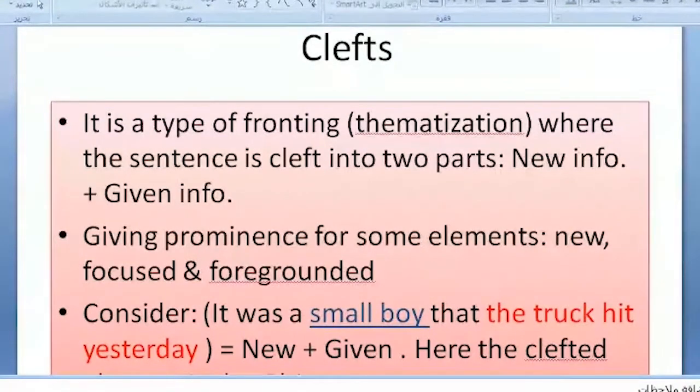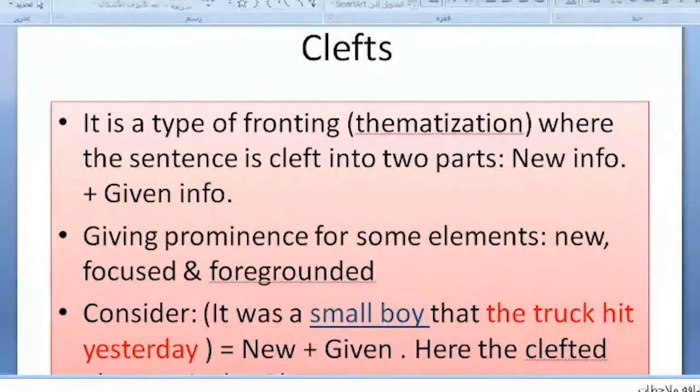Now, I can use this it-cleft sentence to focus on any element I want to focus on. I know the situation. I know the context.